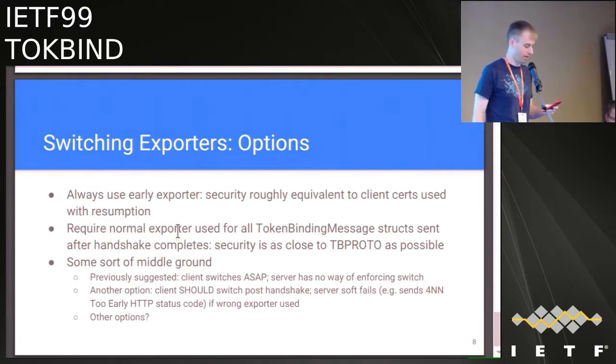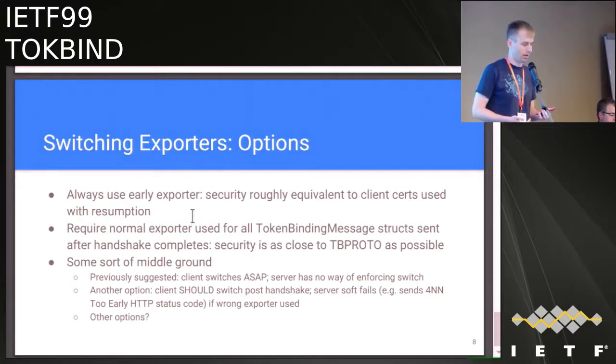The biggest issue that I have with this is that it is very difficult to define. You could have a token binding message that is split across early data, somewhere before and somewhere after. We have covered some of this in the previous presentation. And it also is very difficult to implement due to layering of protocols.